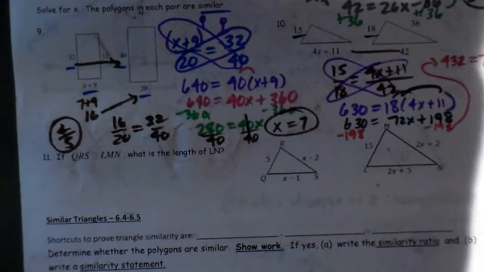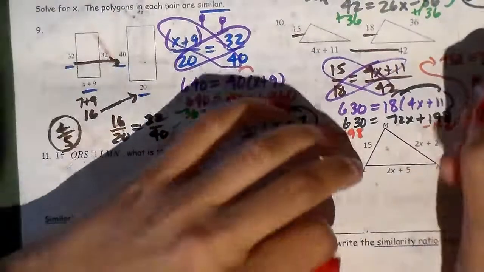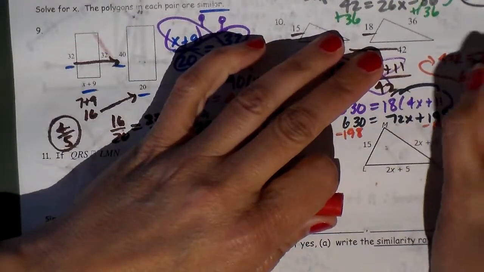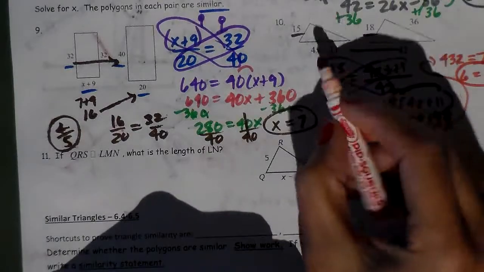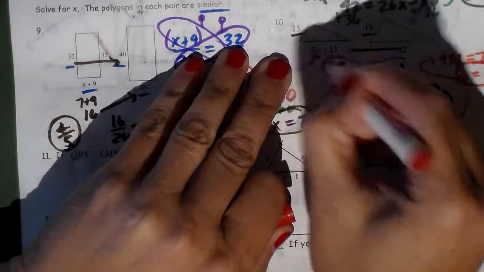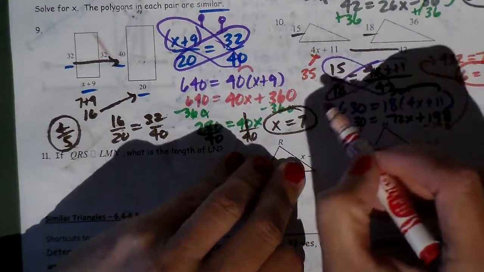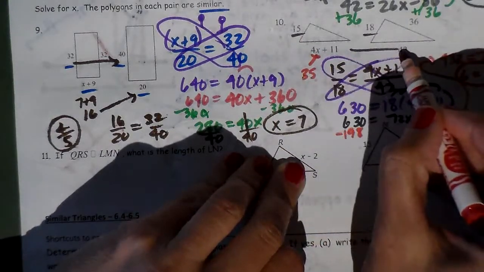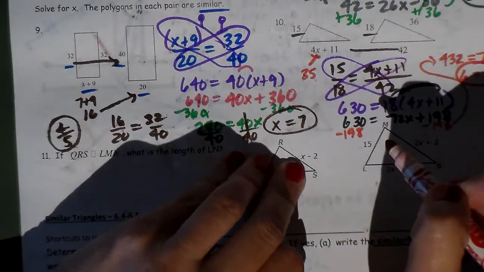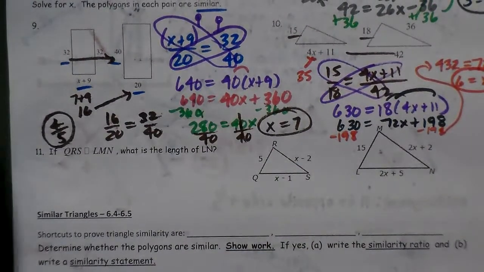So if we divide 432 by 72, we get 6. So x is 6. If I plugged 6 in here, that means I get 35. Is 15 over 18 the same as 35 over 42? And the answer is yes, you'll get the same ratio.